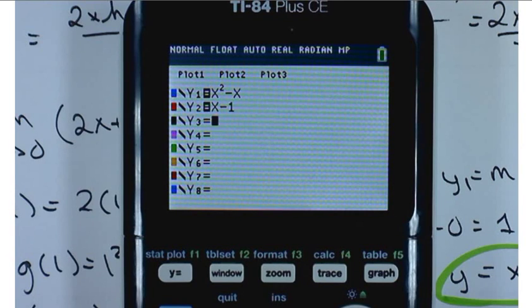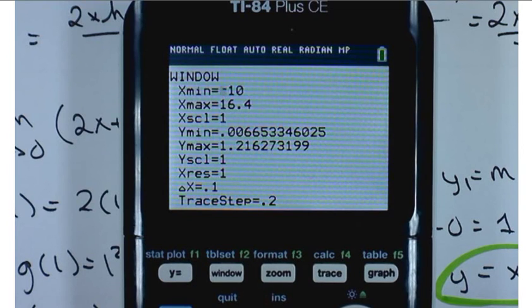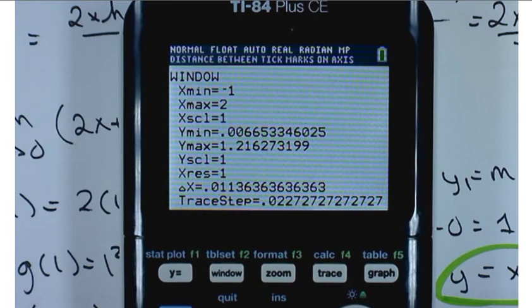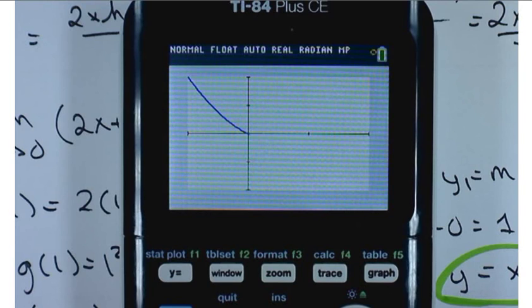So I want x equal to 1 to be in the center of all the action. So let me set up my window between, say, -1 and, I'm going to go up to 2. So -1 to 2 on the x-axis. And then I'll let the calculator do the rest by pressing zoom and then 0. Okay. Looks pretty good.